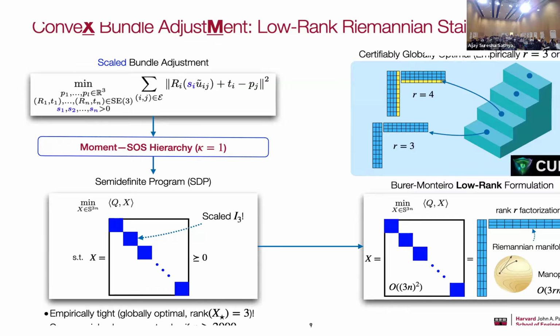So this is actually still certifiably globally optimal, and empirically the good news is we don't need to go to very high rank. And then we did some extra work of putting this algorithm onto CUDA GPUs, so that you can parallelize these second order trust region algorithms on GPUs.